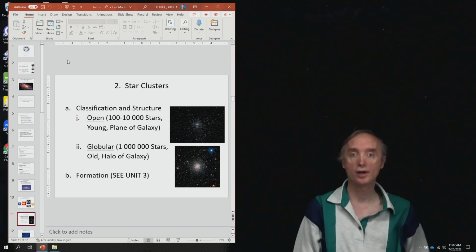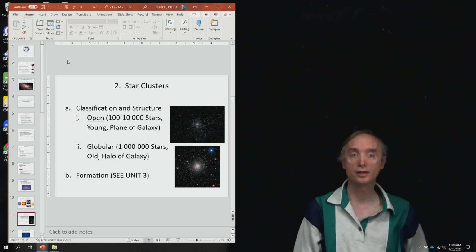Okay, then you have clusters of stars, and you need to know the difference between an open cluster and a globular cluster. Globular clusters are the bigger star clusters, and they represent the original stars that formed after the Big Bang. Again, they're going to be found in the halo of the galaxy.